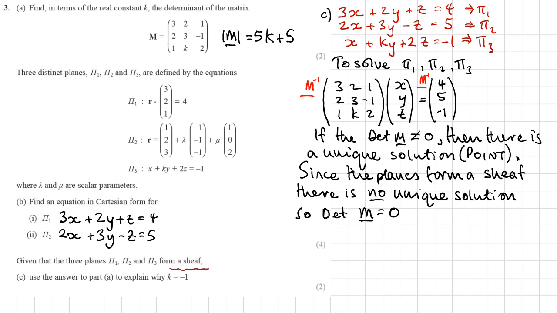Now, we worked out the determinant of M in part A, which then means that 5k plus 5 is equal to 0. That will give us 5k is equal to -5, which then shows that k is equal to -1.